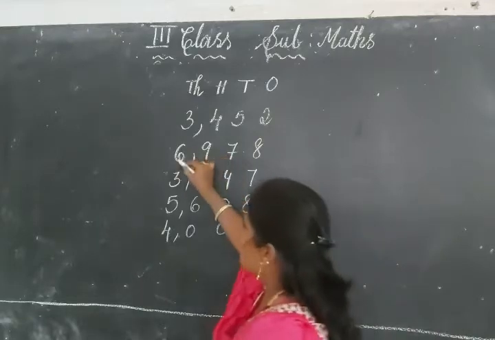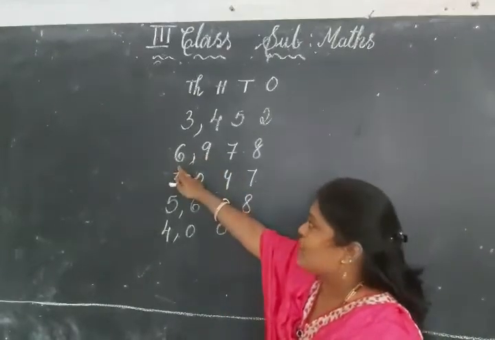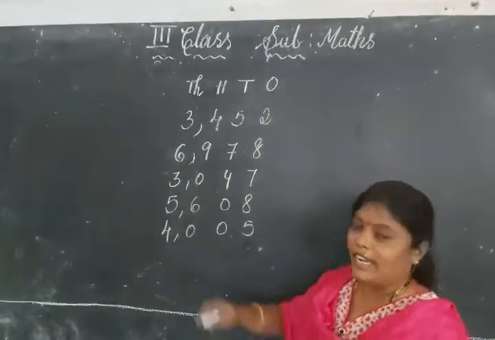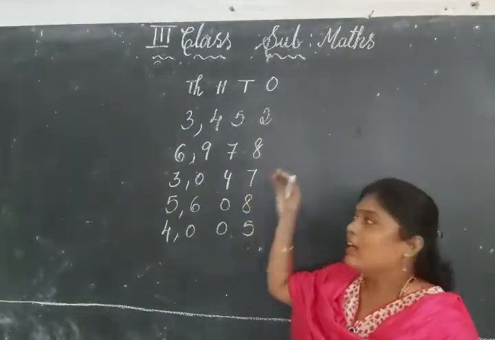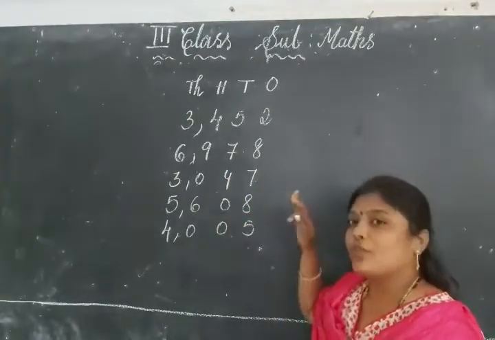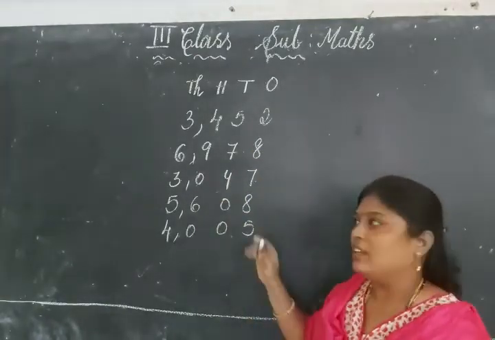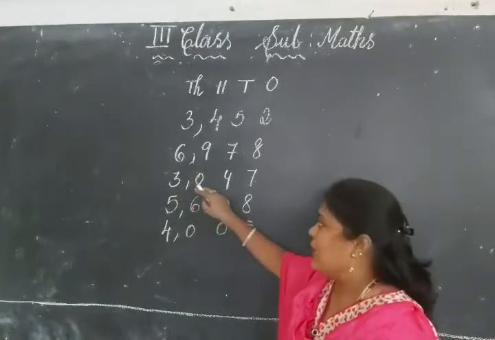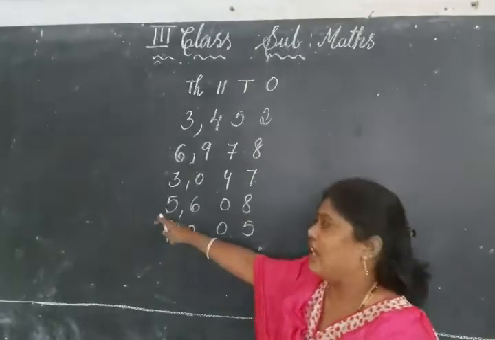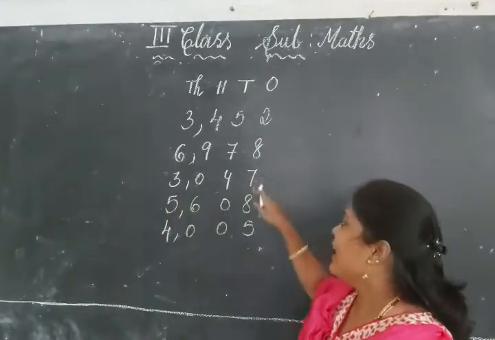Come on children. What is the second number? 6,978. And while reading a number, if we have 0 in any of the places, you just read that place and read the number like this. 3047. 5608.